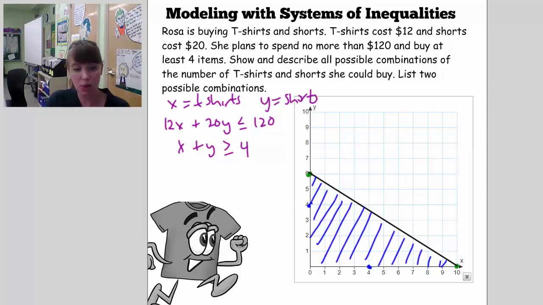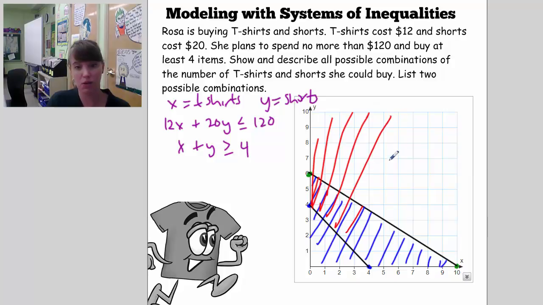So this inequality is going to be shaded below. Now, for the next inequality, it's again going to be a solid line between them. Okay, and for this inequality, if I put x and y in as 0 to indicate the origin, it is not true that 0 is greater than or equal to 4. So I'm actually shading this inequality above. So technically, it would be this entire region up here.